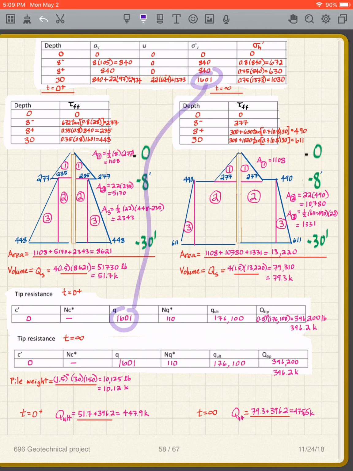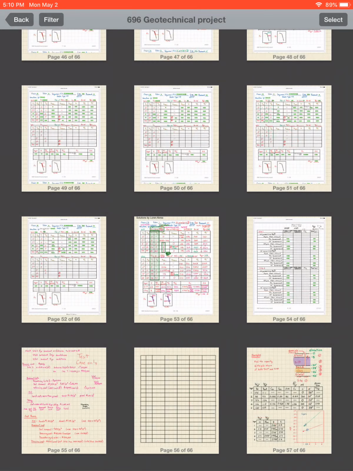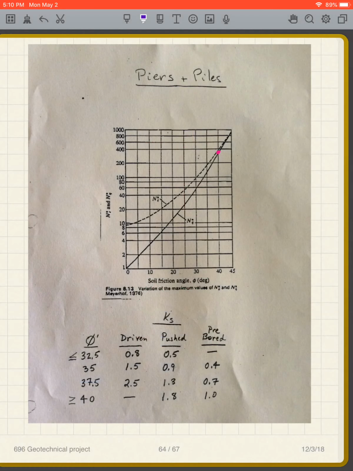So that's 1601. And then how do I get my NQ star? Well, my friction angle, as we said, is 34 degrees. So when I go into my chart, this is my NQ star line right there.